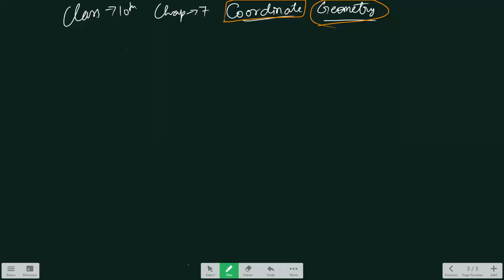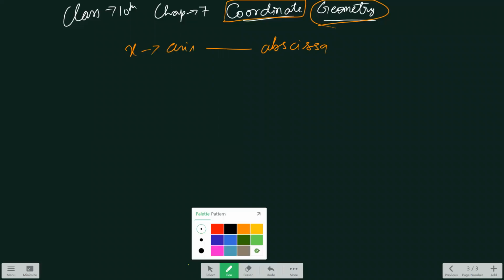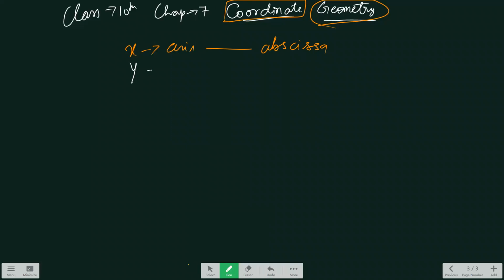Now the x coordinate, which is also known as abscissa, and the y coordinate. As I already explained, you can represent a point in the form P(x, y).